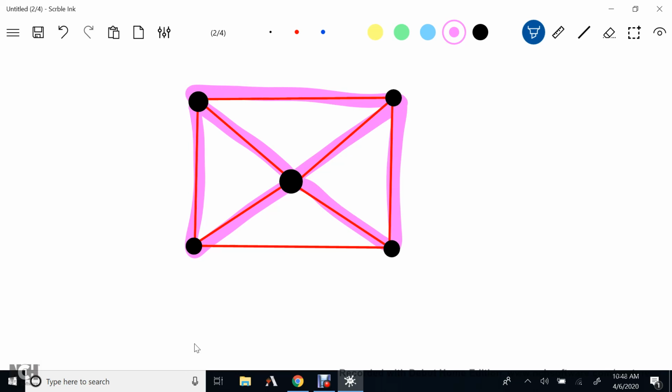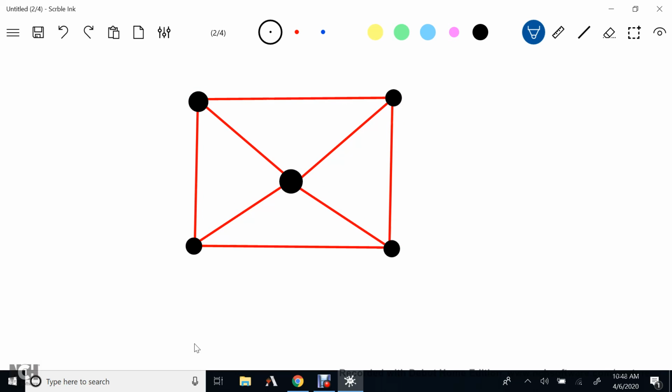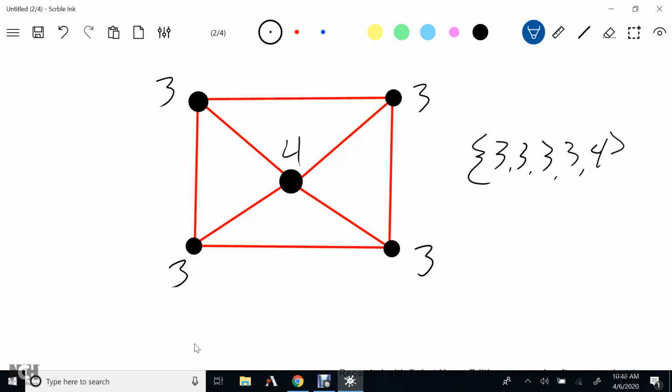And it turns out that for this graph, you also cannot find an Eulerian path. And just to look at the degrees, we have a 3, a 3, a 3, a 3, and a 4. So for a degree set of 3, 3, 3, 3, 4, there's no Eulerian path.